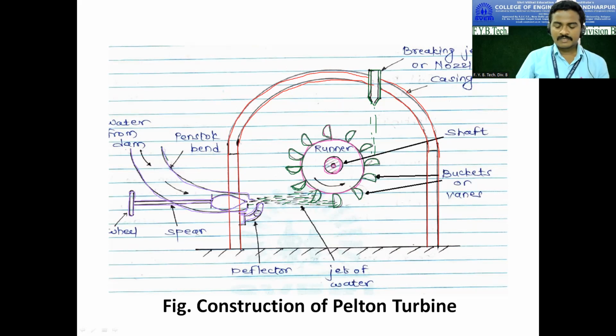In impulse type of turbine, the energy available at inlet is only kinetic energy. Full stop.